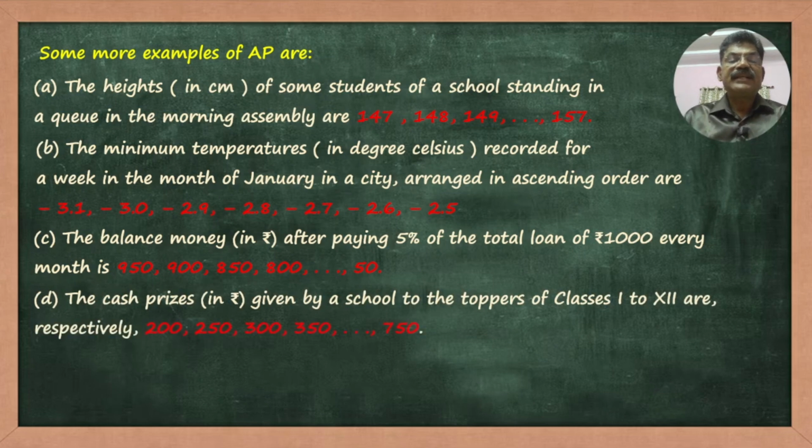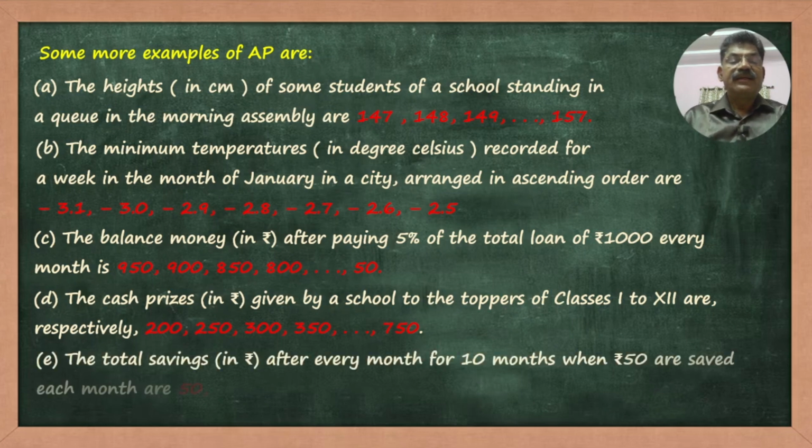Next, the cash prizes in rupees given by a school to the toppers of class 1 to 12 are respectively 200, 250, 300, 350 to 750. The total savings in rupees after every month for 10 months when rupees 50 are saved each month are 50, 100, 150, 200 and so on. So these are all easy examples for an arithmetic progression.